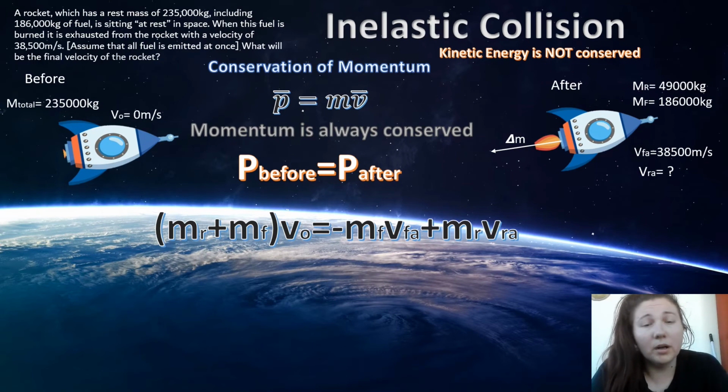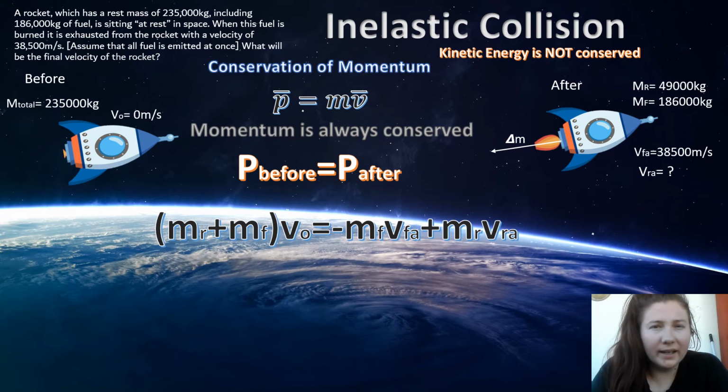So the equation we use is the mass of the rocket plus the mass of the fuel times the initial velocity, and that must equal the mass of the fuel times the final velocity of the fuel plus the mass of the rocket times the final velocity of the rocket.